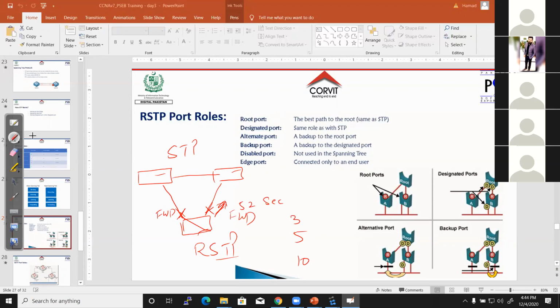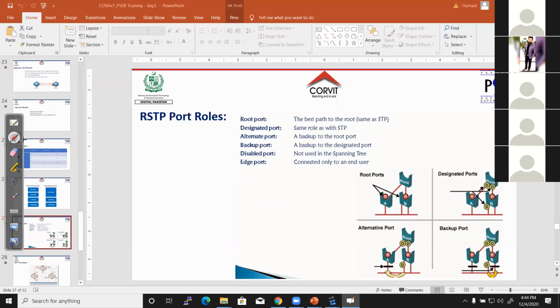Why does this happen? This happens just because in RSTP, they have increased the roles of the ports. In STP, there were 2 roles of the ports: one is the designated port and the other was the root port.